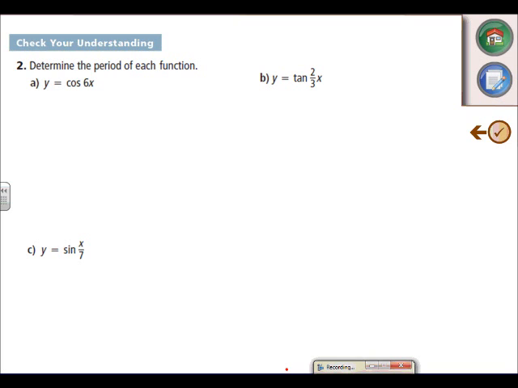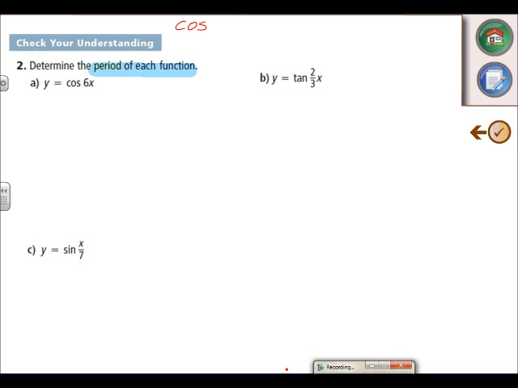So now when we look at the period of each function, first thing we want to always remember is how often does cosine, sine, and tan repeat? So the regular period of cosine is going to be every once around the unit circle.